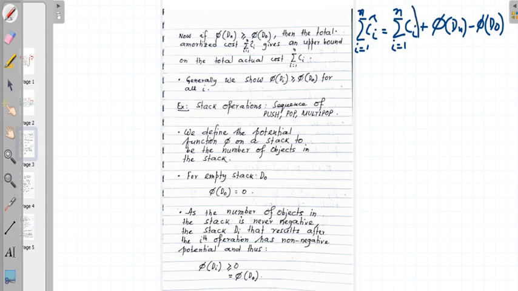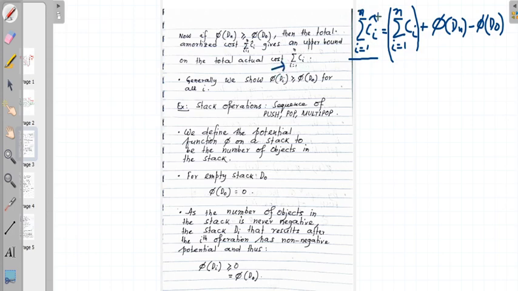So the c_i terms are inside the summation only, and this phi difference is outside the summation. And now what we can say is that the total amortized cost gives an upper bound on the actual total cost, right?